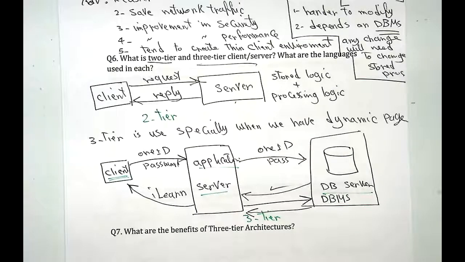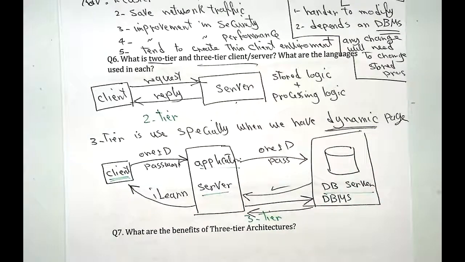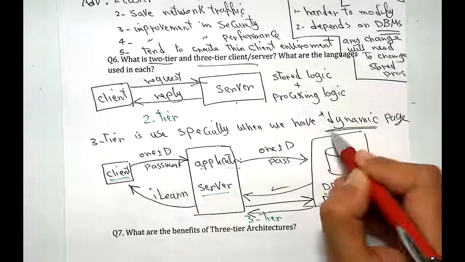So it actually builds the page. When you click login, this page is built, created for you. So the page is not static, it is dynamic. It means it changes. If you access your Facebook after 1 minute, you will see a different page, different content, different posts. So the page is built dynamically.